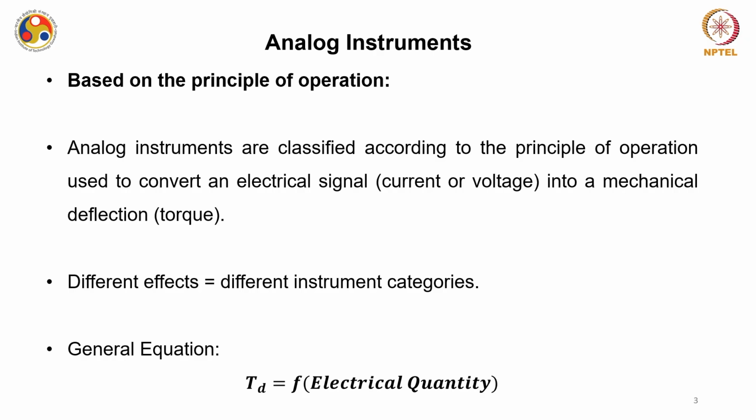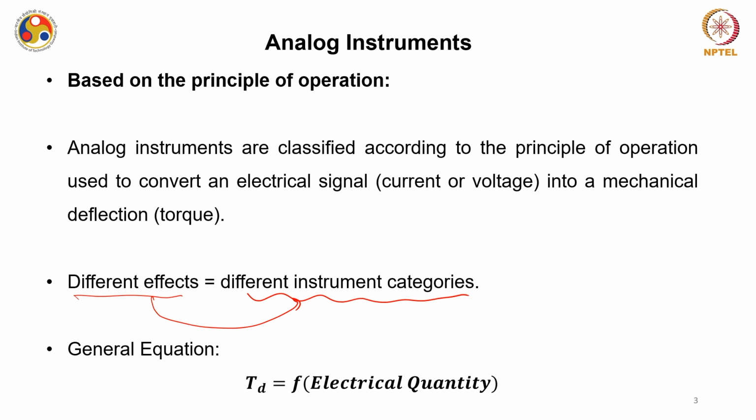So the analog instruments are classified according to the principle of operation used to convert an electrical signal, which can be either current or voltage depending on what it is measuring, into a mechanical deflection. Mechanical deflection here basically means the torque. What this classification means is the effect based on which these instruments are categorized.